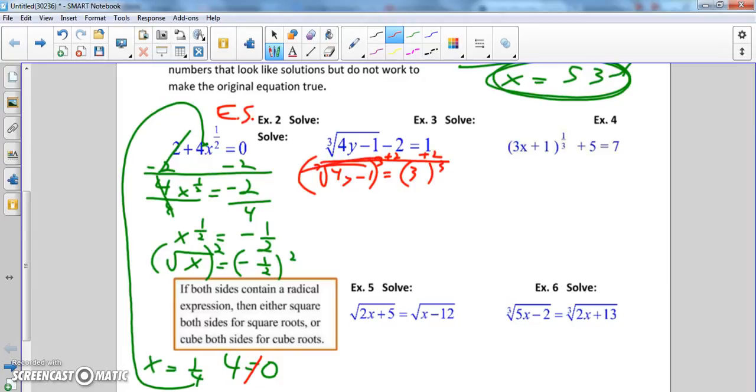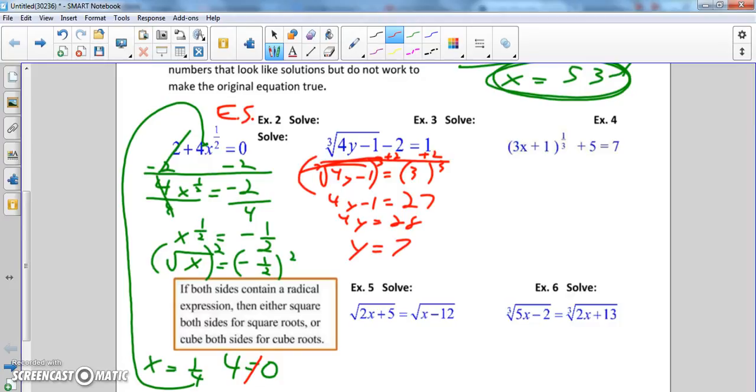That cancels my radical, leaving me 4y minus 1 equals, sorry, not 9, that's 3 squared, 27. 3 times 3 times 3. Add 1 to both sides. I'm running out of room, so I'm not going to show all this. It gives me 4y equals 28. Divide by 4, I get y equals 7.